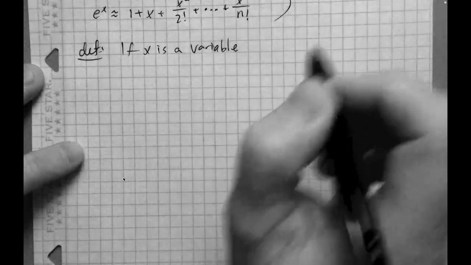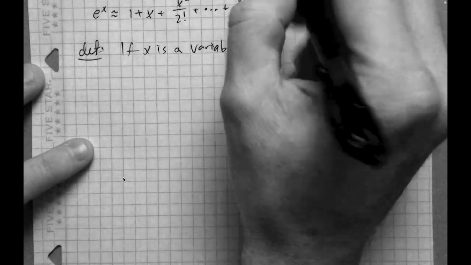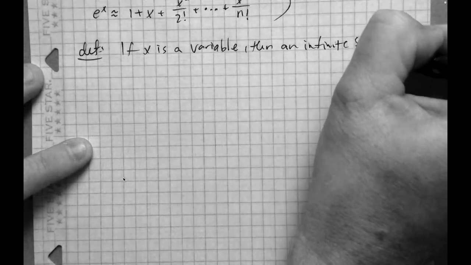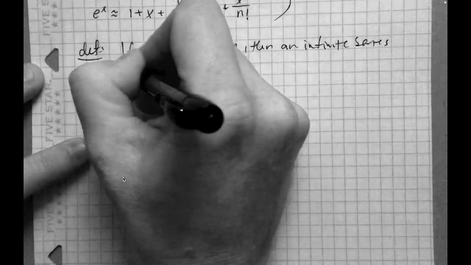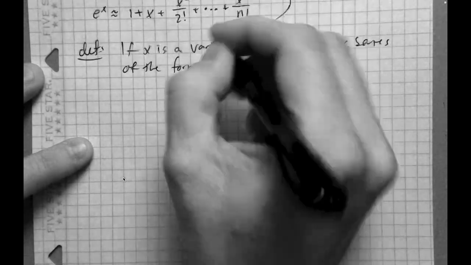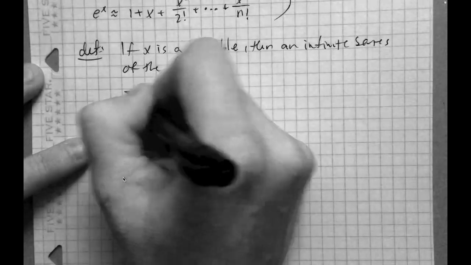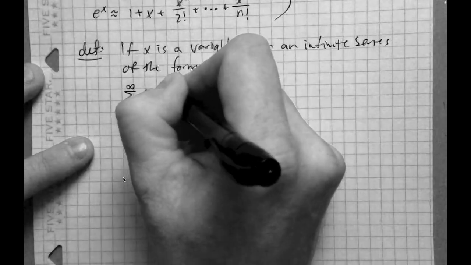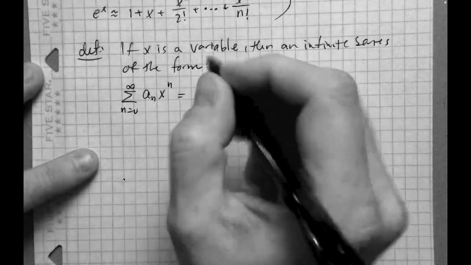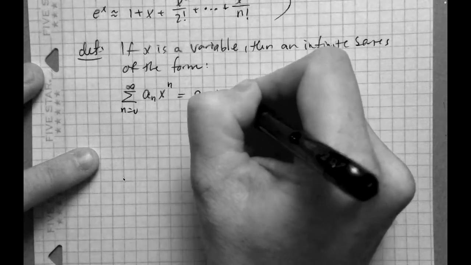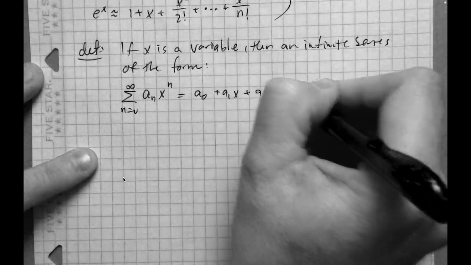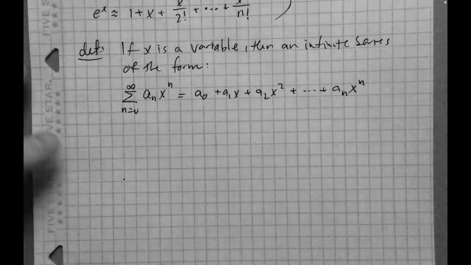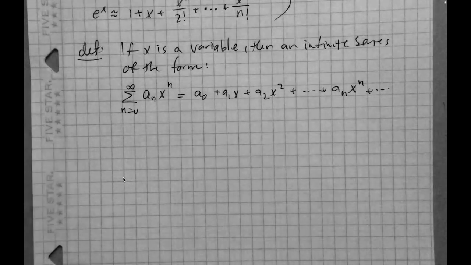If x is a variable, important to note that because this is going to be a weird looking function, then an infinite series of the form the sum from n equals 0 to infinity of a sub n x to the n, which is equal to a0 plus a1 x plus a2 x squared plus ... plus a sub n x to the n plus ..., of course it's an infinite series.